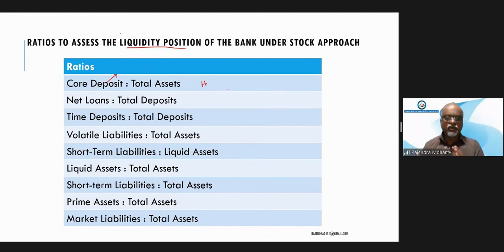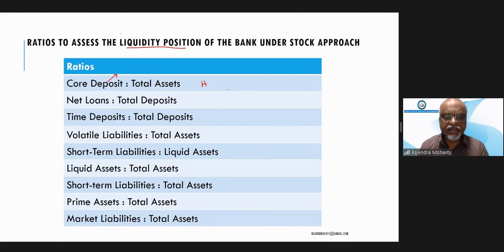Yesterday I told you that savings and current deposits are divided into two categories. One is called volatile, one is called core. Volatile deposits are kept under which maturity ladder?